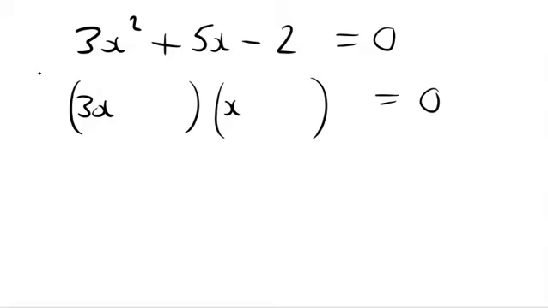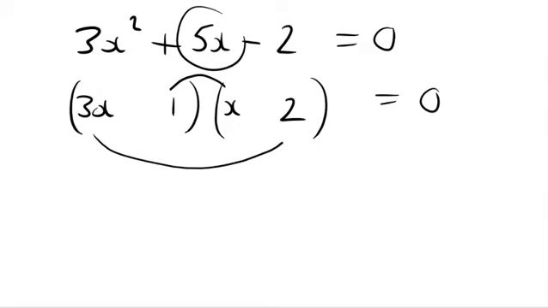And for the 2, either 1, 2 or 2, 1. Now which one is more likely? Well, 1, 2, because if I do 3x times 2, I get 6x, and here I get 1x, subtract, I get 5x. Again, it's guessing and checking, but after a while it becomes more like intuition and checking.